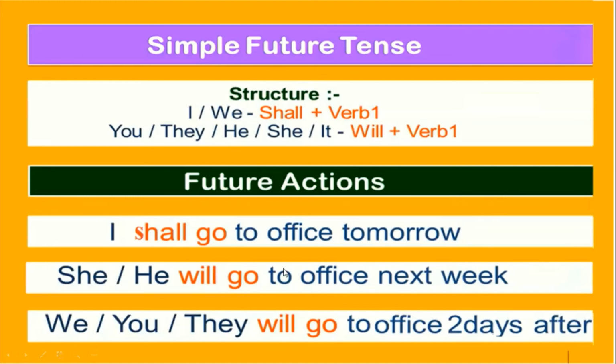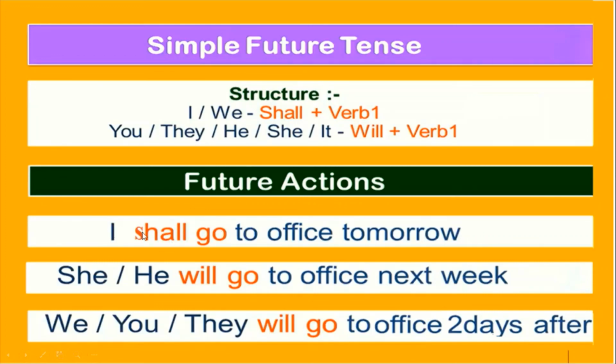Here we have examples with shall or with will. Can you see them here? I shall go to office tomorrow, or I can say I will go to office tomorrow. Here, because we have the timing word tomorrow, we should write the verb in the future tense. I repeat, I can say I shall go, or I will go.